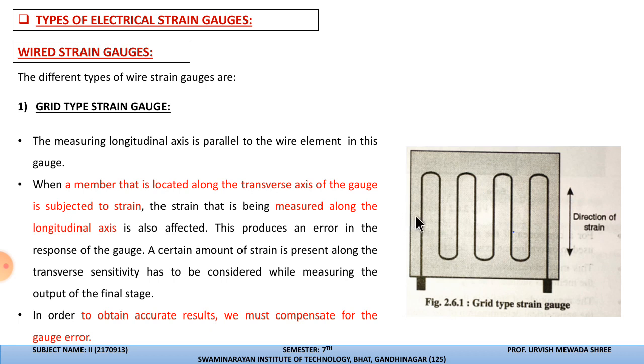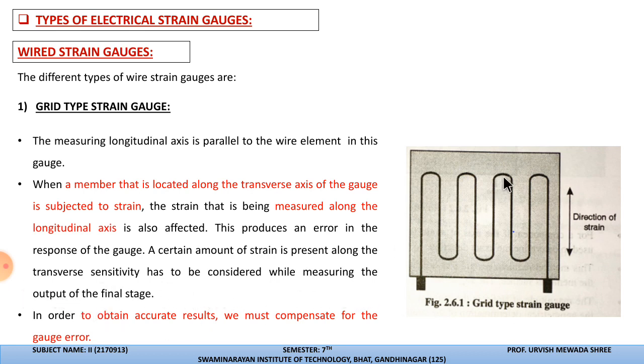If you place your object in the direction perpendicular to this wire, the longitudinal axis is also affected, and we cannot properly measure the stress and strain with the help of this grid type strain gauge. So this will produce an error in the response of the gauge.